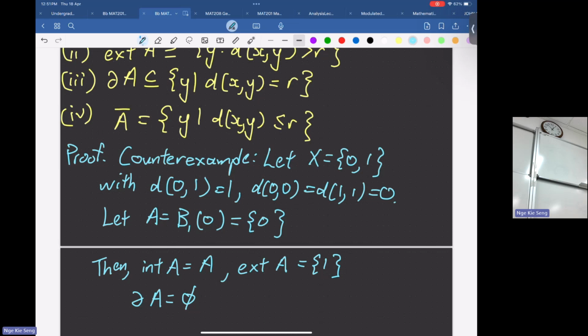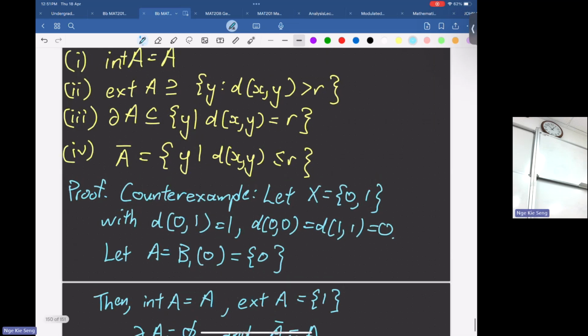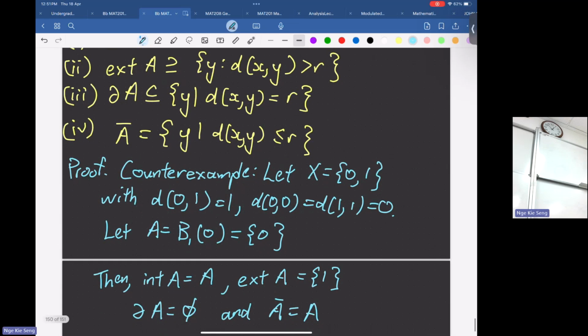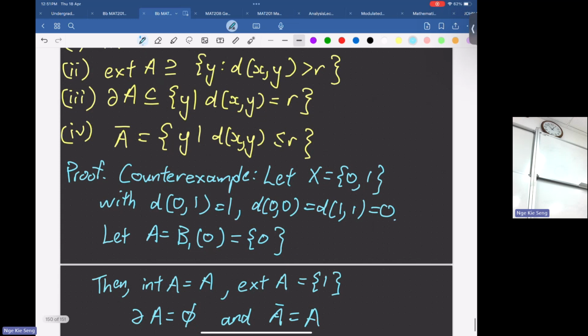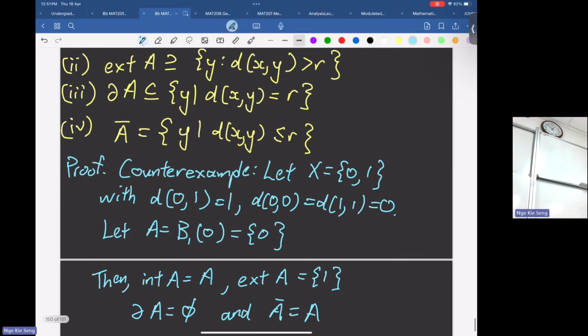Okay. And the closure of A is equal to A. So can you verify that this is a counterexample to the two subset inclusions here?